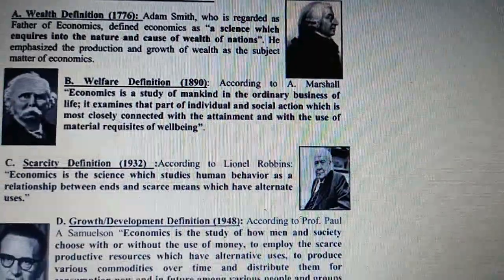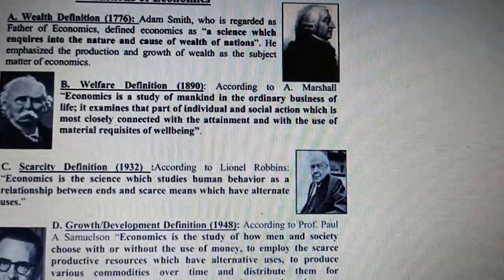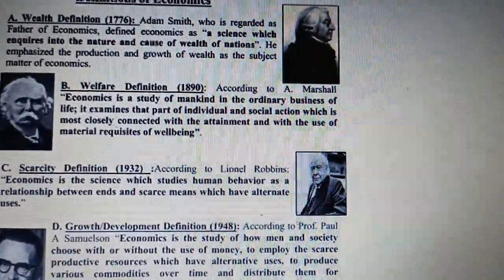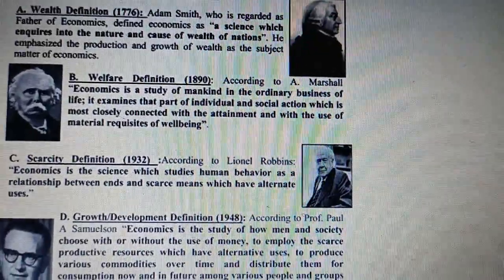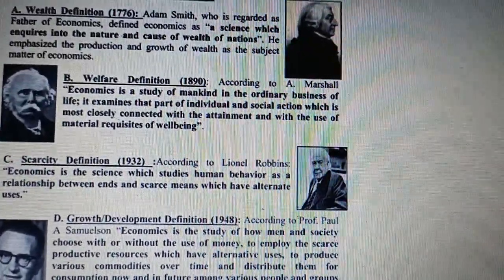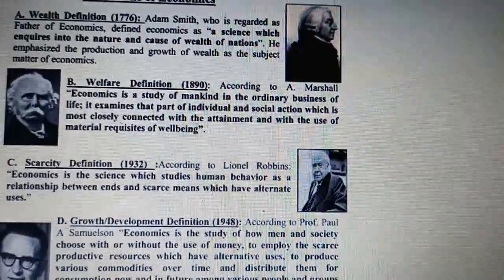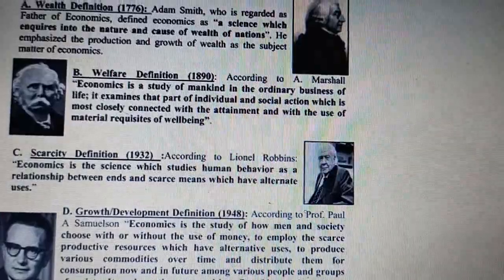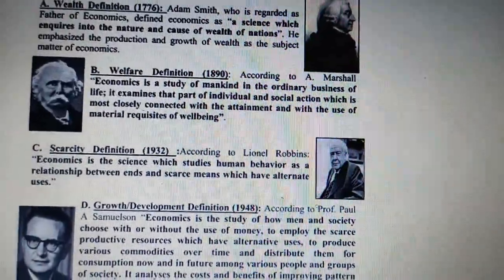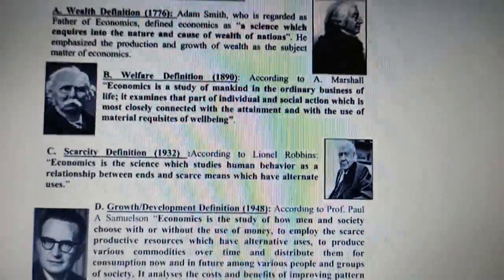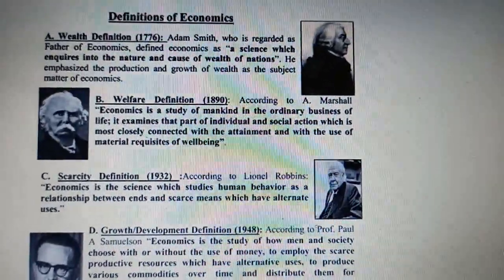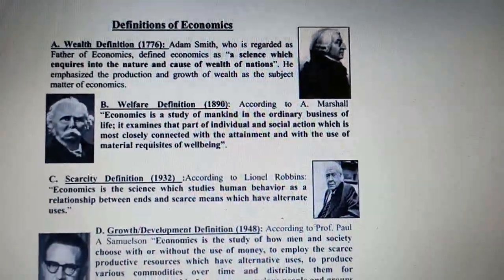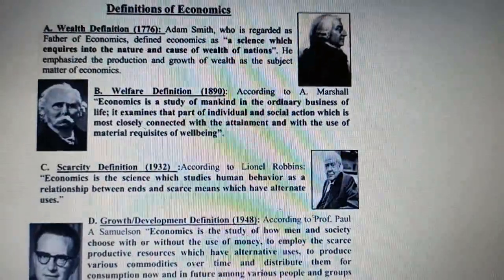He says economics is a study of mankind in the ordinary business of life. It examines that part of individual and social action which is most closely connected with the attainment and with the use of material requisites of well-being. Basically, he talks about material welfare. He emphasized material welfare, not non-material welfare. He doesn't talk about that.